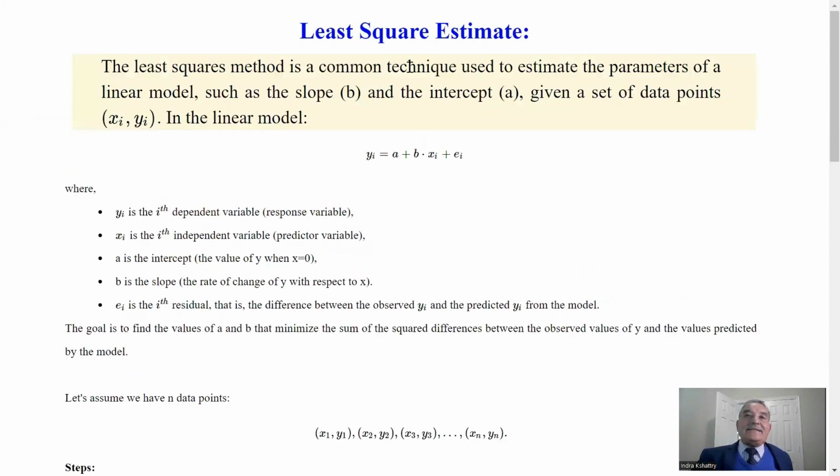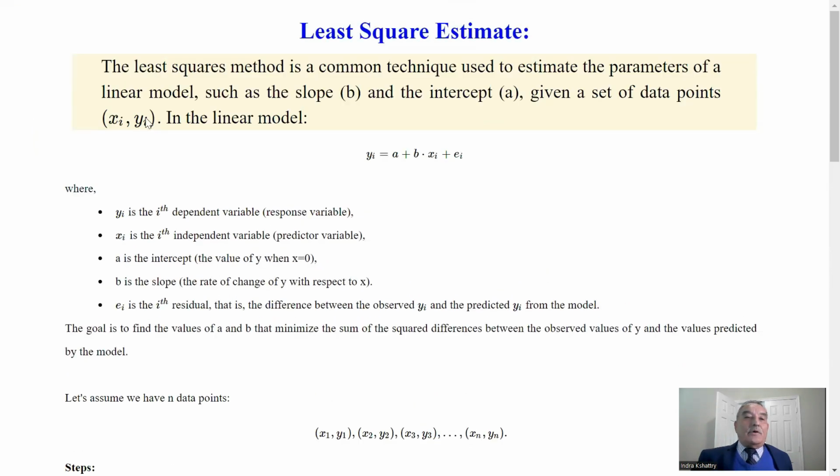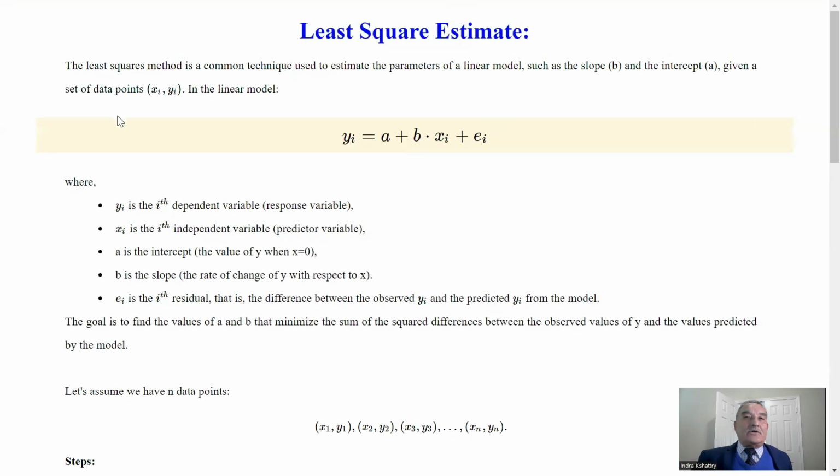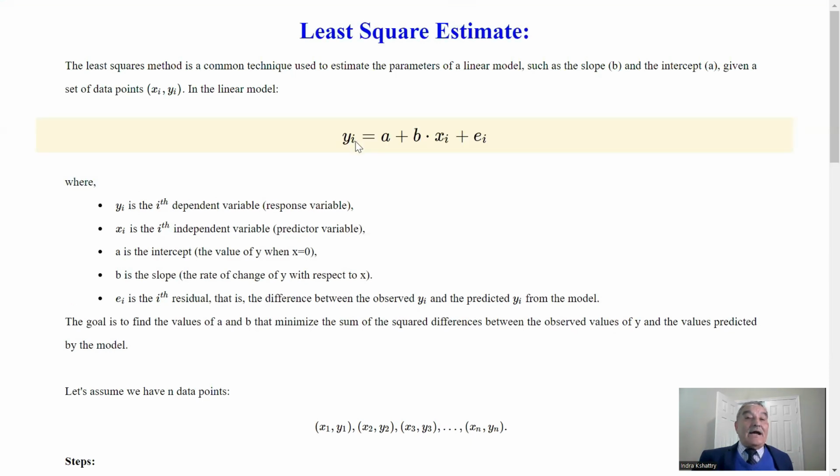Let's explain this least squares method in detail that estimates the parameters intercept A and slope B in the model. For the ith pair of the data, the model takes this form: Yi, the ith dependent variable, equals the intercept plus slope times the ith independent variable plus the ith error.